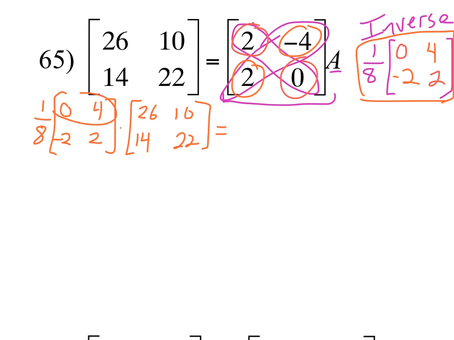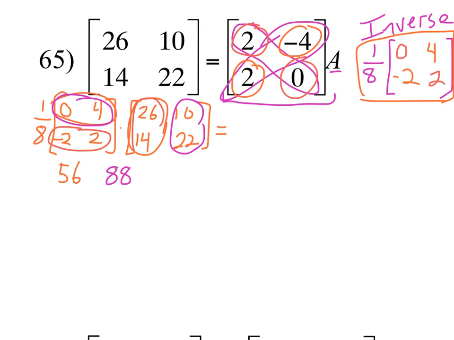So we've got first row, first column, and 0 times 26 plus 4 times 14 is going to be 56. First row, second column, 0 times 10 plus 4 times 22 is going to be 88. We're going to do second row, first column, negative 2 times 26 is negative 52. 2 times 14 is 28.